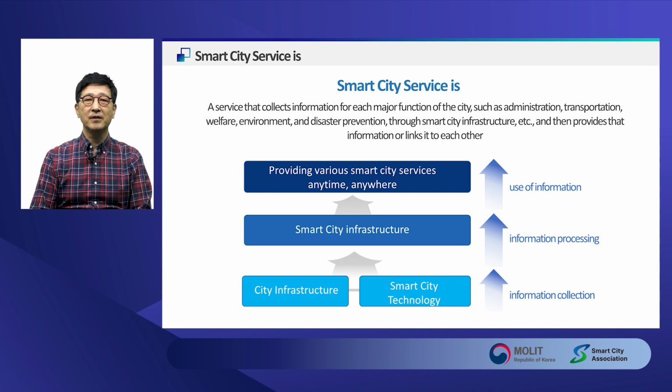Now, we would like to help with activities to build smart city services in each area in the future by looking into representative domestic cases along with the basic directions to be considered when planning smart city services.